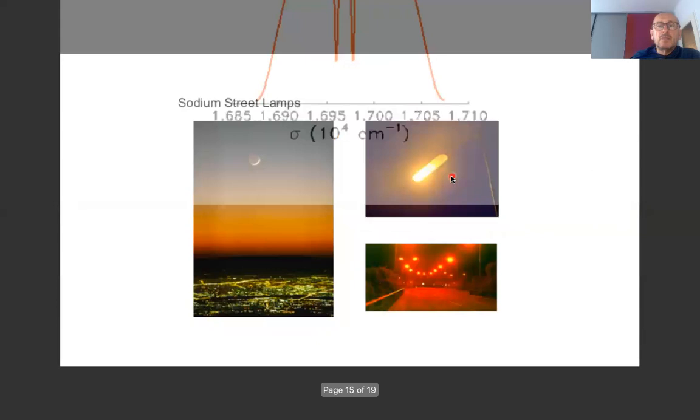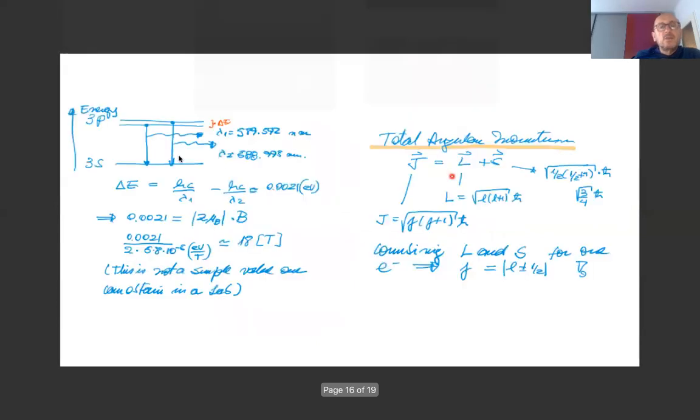Let me get to my notes here. This is the same schematic of the transition. I don't know if these values are actually the same. I think they are the same. So the difference between these two levels produces a difference equal to 0.0021 electron volts. And I have to divide this by the Bohr magneton, which is 5.8 times 10 to the minus 5. I actually wrote it in this note.